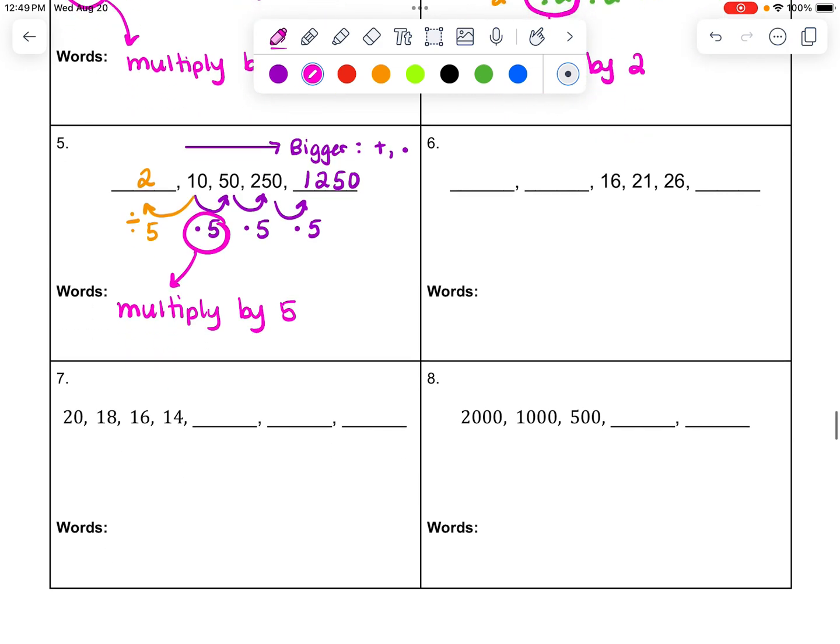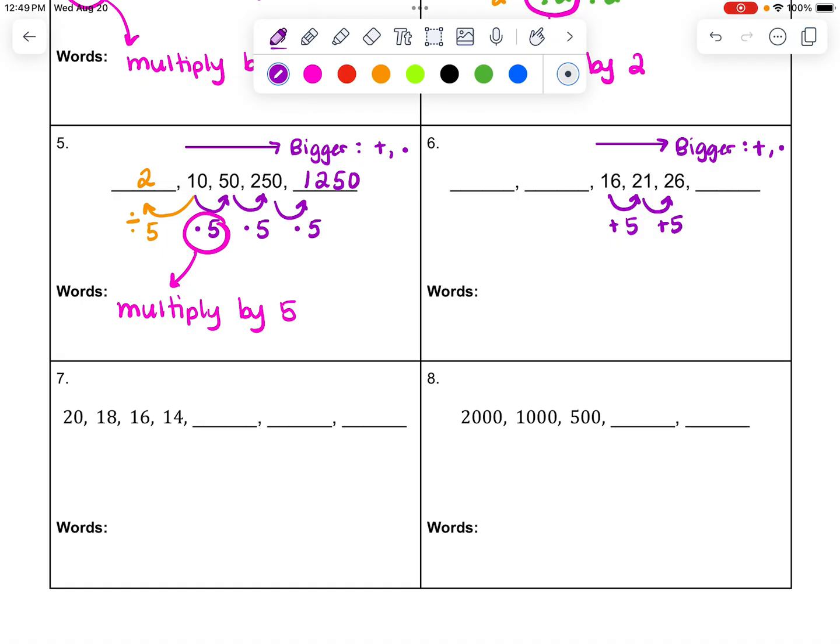In problem number 6, I'm noticing that the numbers are getting bigger. So my pattern is either plus or multiply. To go from 16 to 21, plus 5.